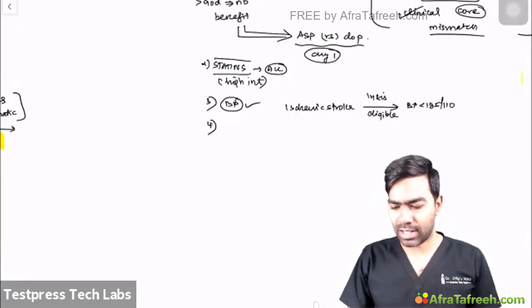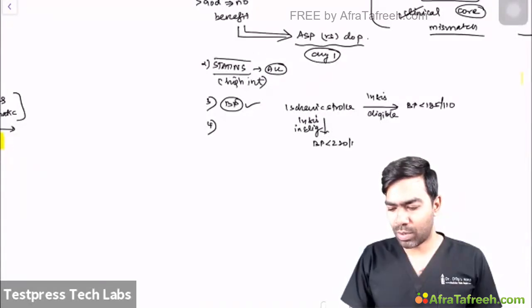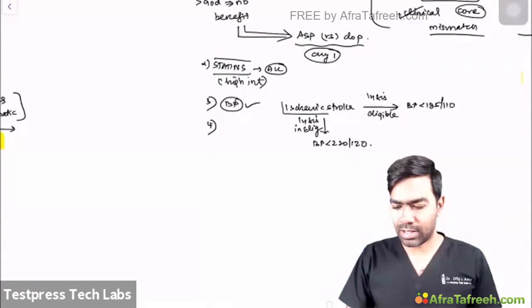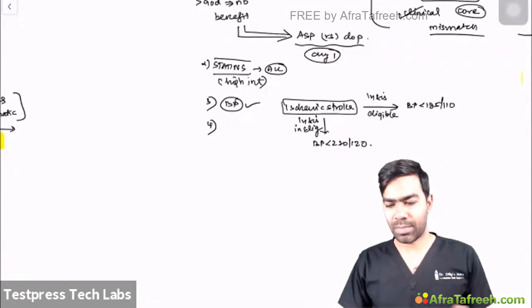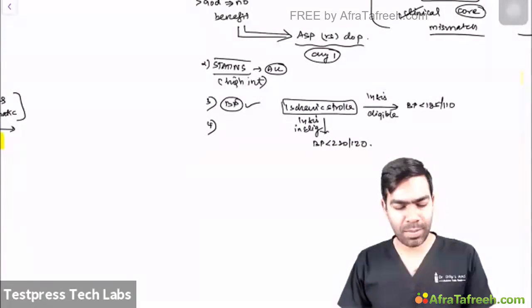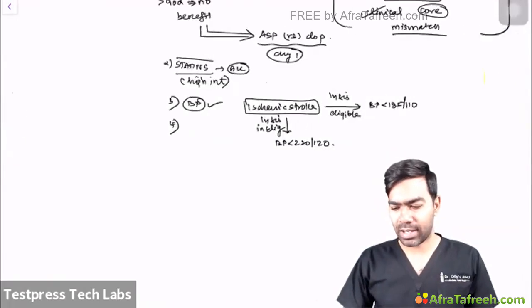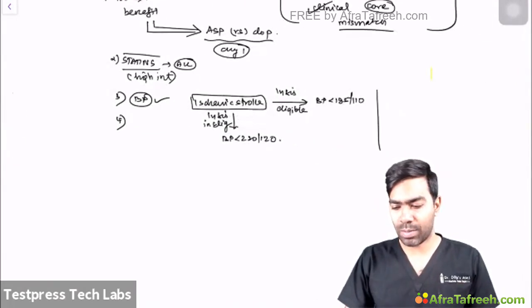Suppose the patient is lysis ineligible, not eligible for lysis, then the BP target should be less than 220/120. I think this is what we have studied some time back. Lysis eligible means the BP target is 185/110. Lysis ineligible means BP target is less than 220/120.